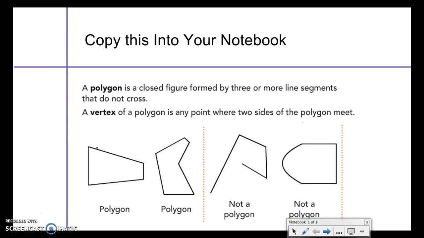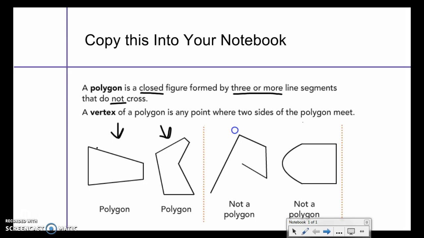So once they meet, they stop. So again, important words. A polygon is a closed figure that is formed by 3 or more line segments, and they do not cross. Here are 2 examples of what a polygon is. You can copy down these examples along with the definition, or you can create your own examples based on what we have here.